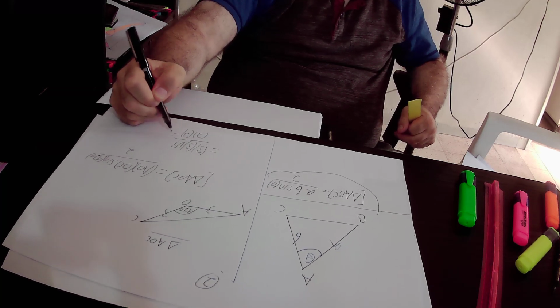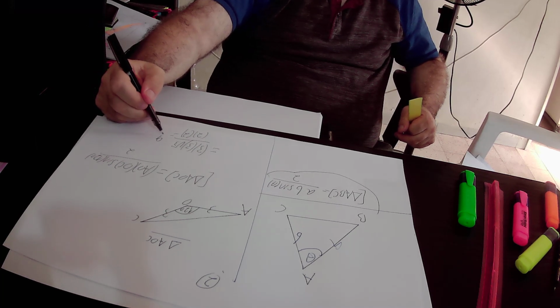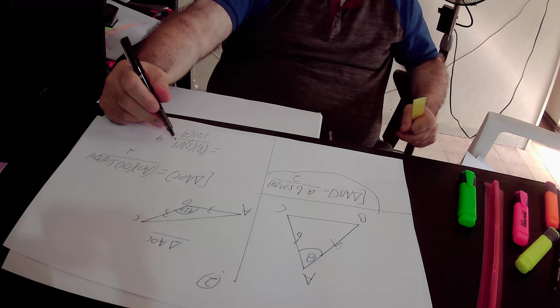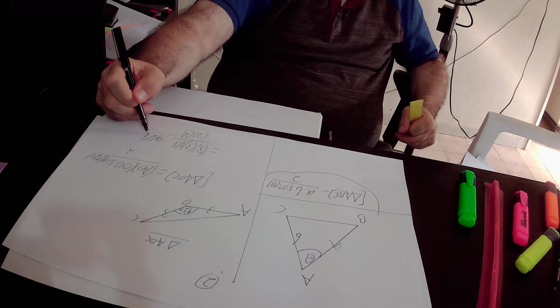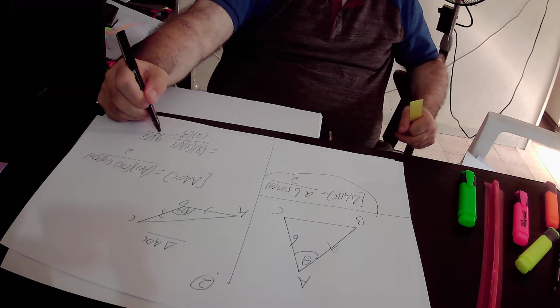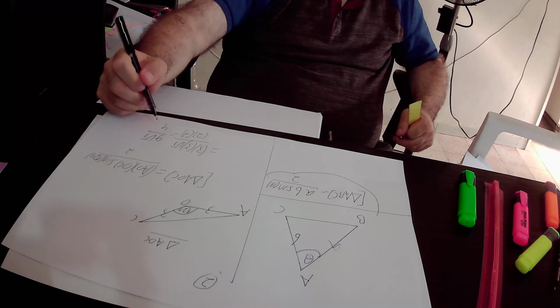So in the numerator we have 3 times 3 is 9, so in total we have in the numerator 9 times square root of 3 over 2 times 2 is 4, so in the denominator we have 4.